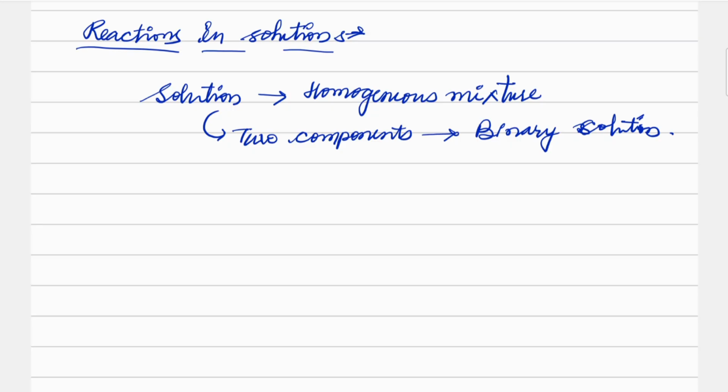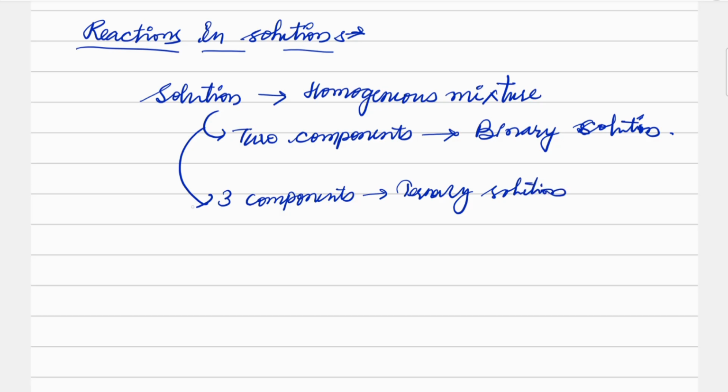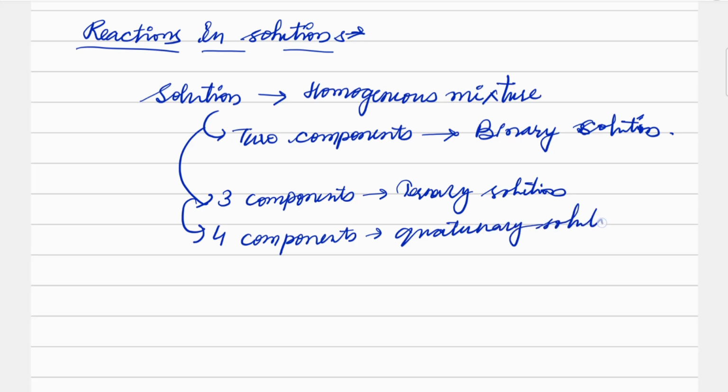Like if three components are there, then it is called a ternary solution. If four components are there, then it is called a quaternary solution, and so on.